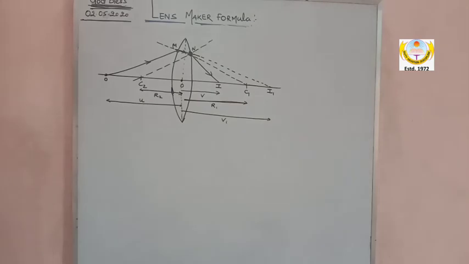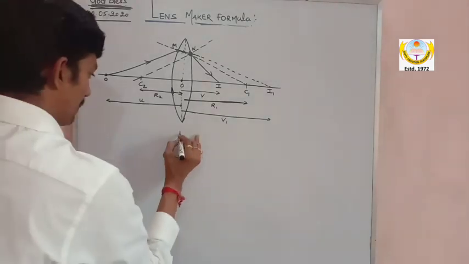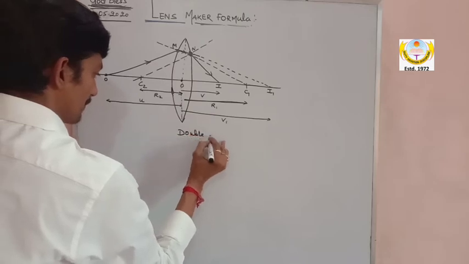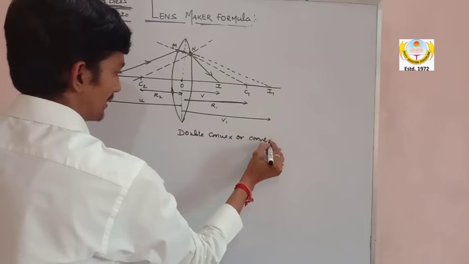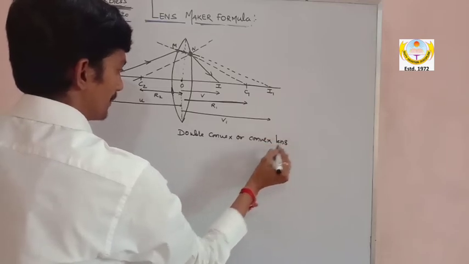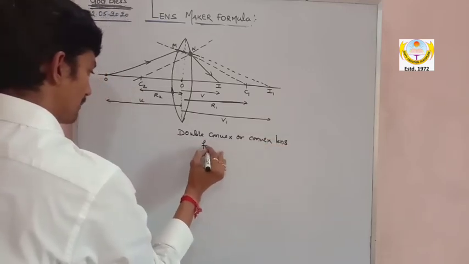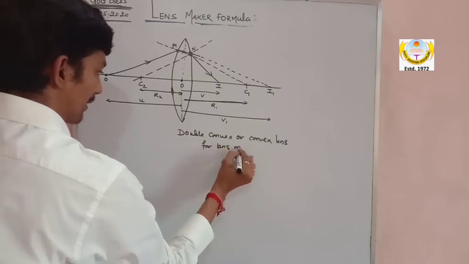So this is the combined diagram, my dear, for double convex lens. So this is a double convex or convex lens for lens maker formula.